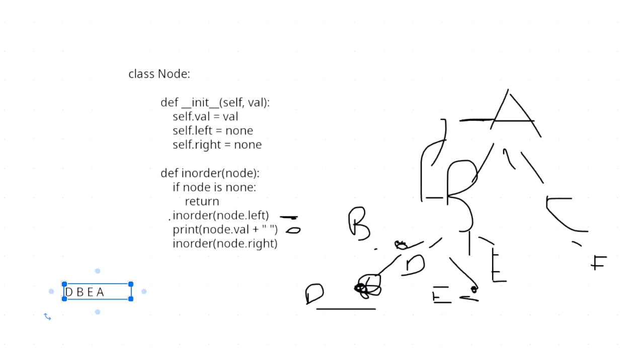Then we go to the right of C, which is F. So then F goes through left, nothing, and then we print F, and the right of F is also nothing. It's null. So that function ends there. And so as you can see, we have D, B, E, A, C, F.